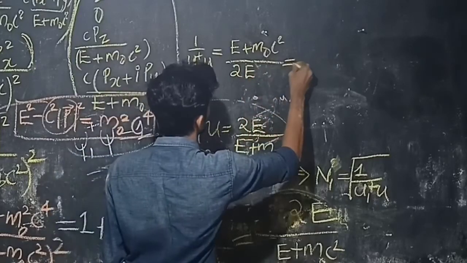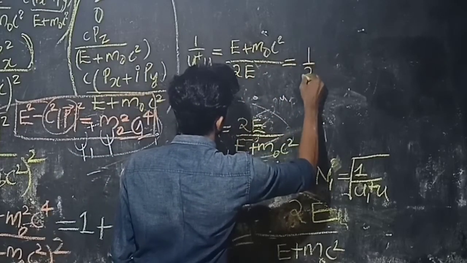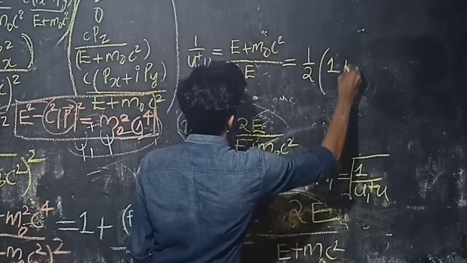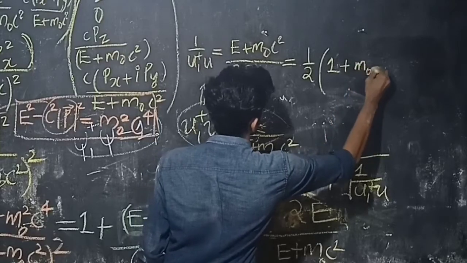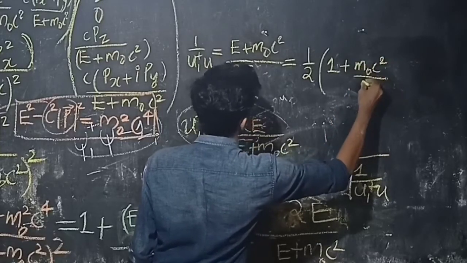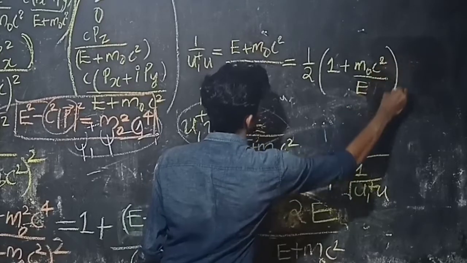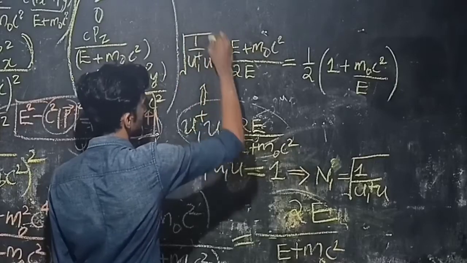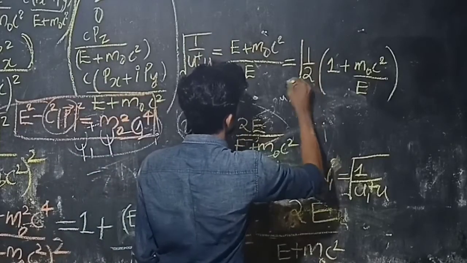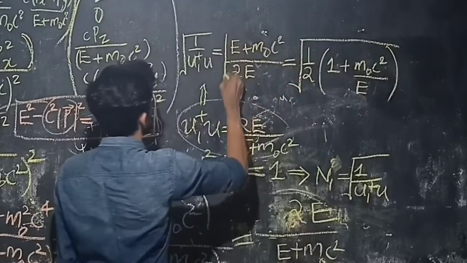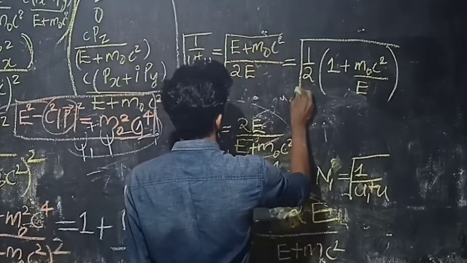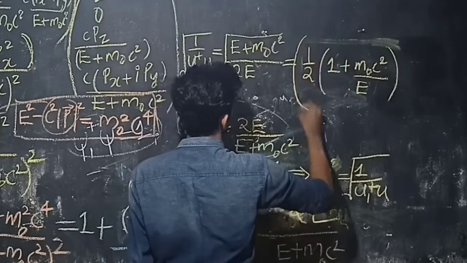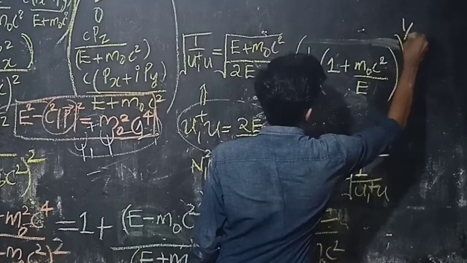That is actually equal to 1 by 2 times 1 plus m naught c square over E. So root of 1 over u1 dagger u1 is the root of this, that is, whole raised to the power 1 over 2.